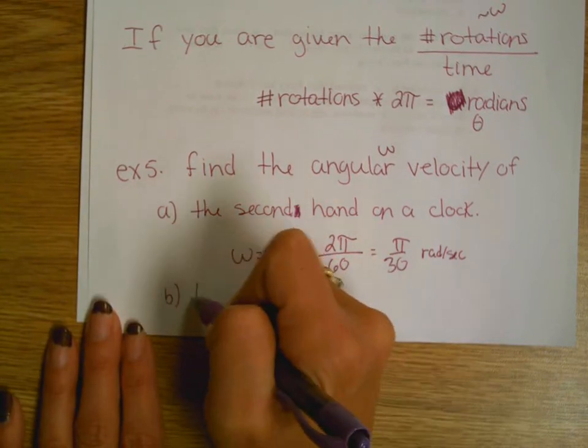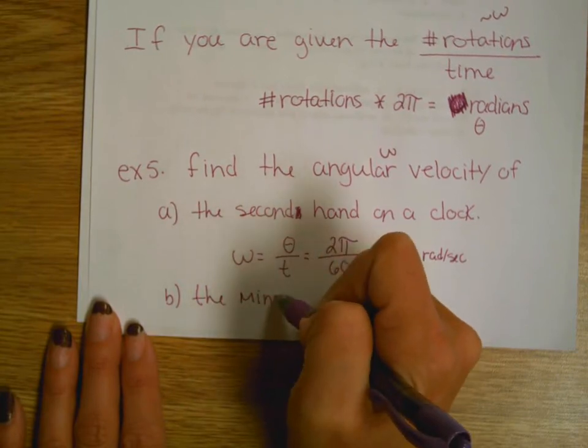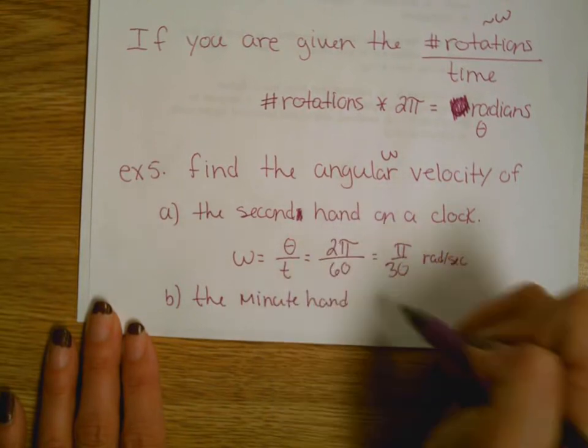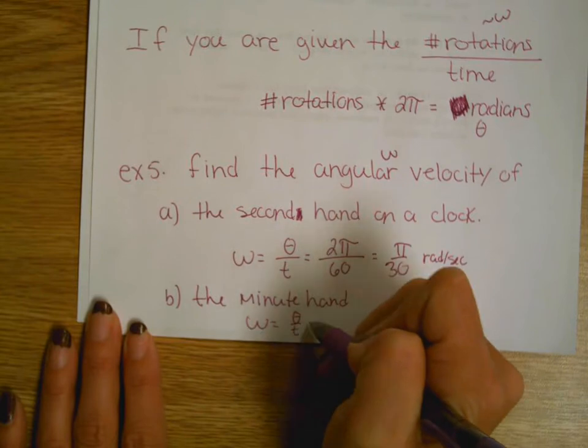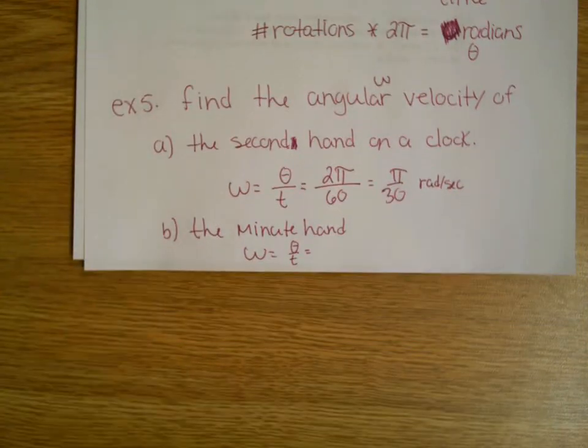Let's go minute hand. Find the angular velocity of the minute hand on a clock. I'd just like to go with the 1 full rotation. We could do the quarter rotation and use pi over 2, but I think it's easier just to use the full rotation.